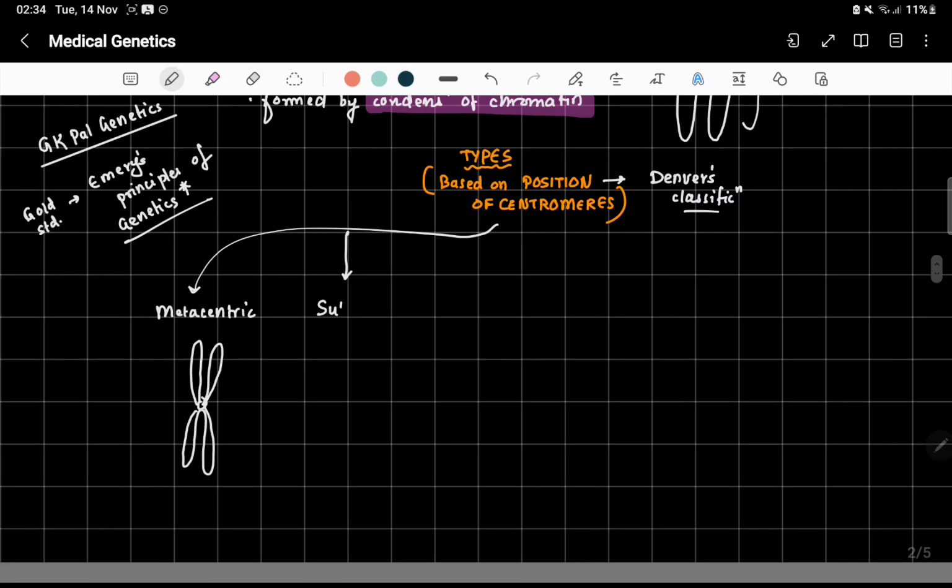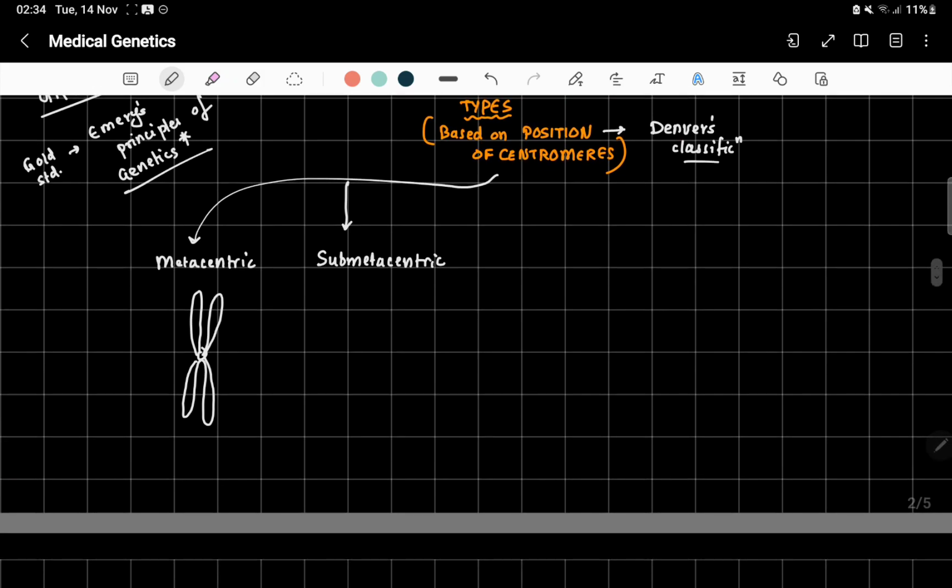And then we have submetacentric chromosomes, which are close to the midline, just close to the midline, something like this. This arm is a little bit longer than the upper arm. Then we have acrocentric, and then we can have telocentric.